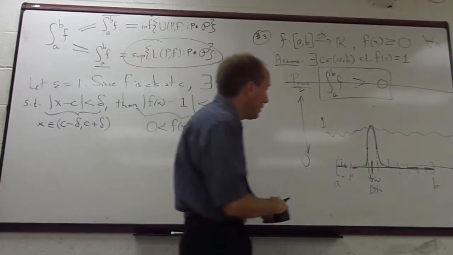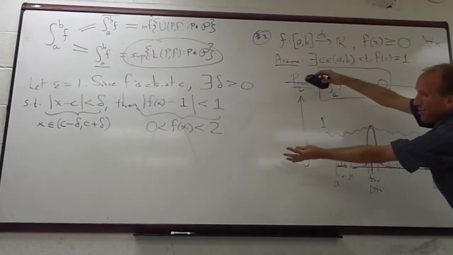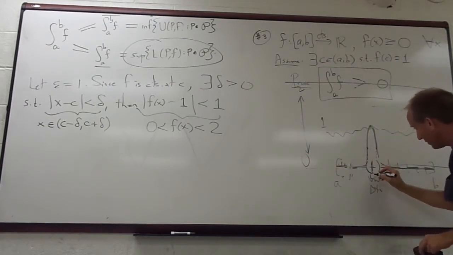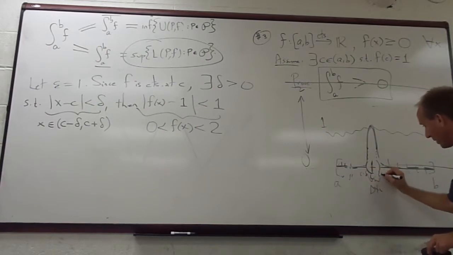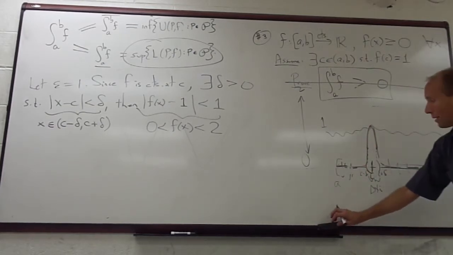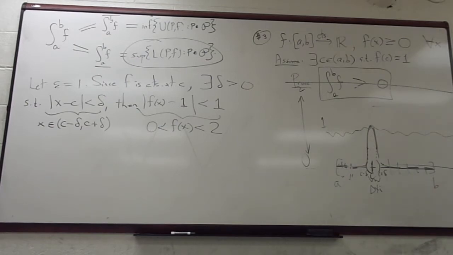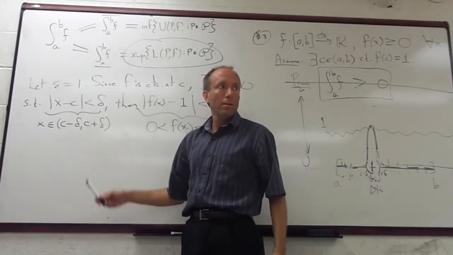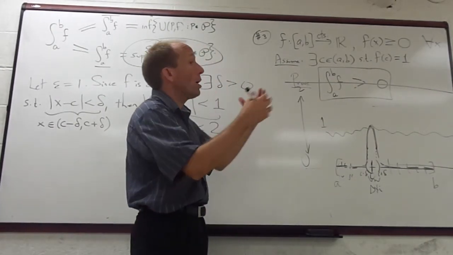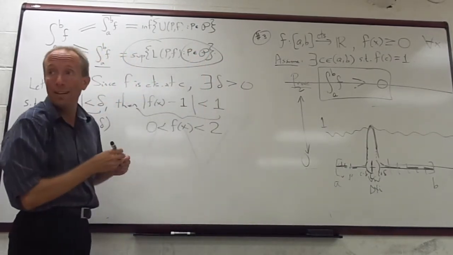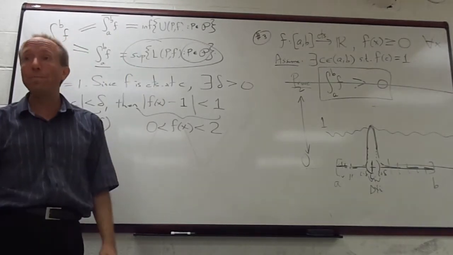So given this strip here, there now exists this domain, c minus delta to c plus delta, and if x is in there, then my function is positive, right? What I'm getting at here, guys, is that I want us to make this one of my subintervals. I'm allowed to construct any partition I want. Right now, we just need to find one partition that has a lower sum that's positive.